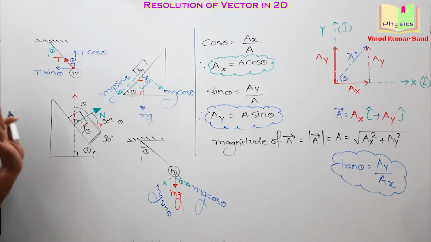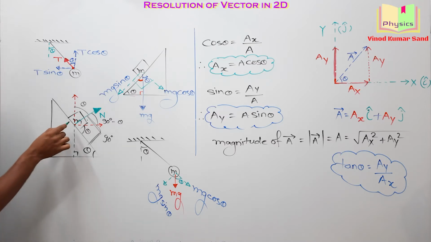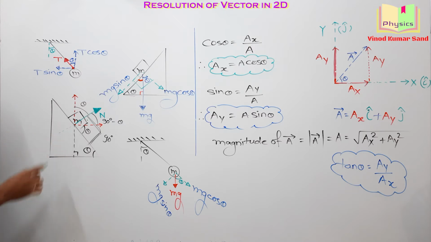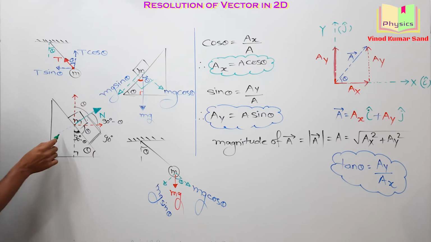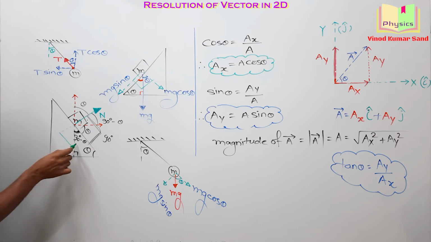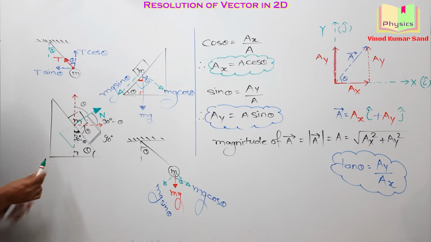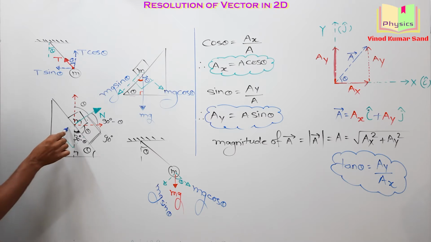Got it? The same angle I can explain in another way. If you extend this a little bit and look at this angle, how much is it? 90 degree minus theta. And this total angle is 90 degree. Then how much should be this angle?